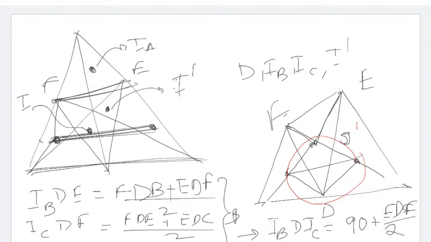Okay, suppose the reflection of D in I_B I_C. Suppose that point is D dash. What can you say about D dash? Similarly, maybe it's time to look at two of these points at once, F dash and E dash.